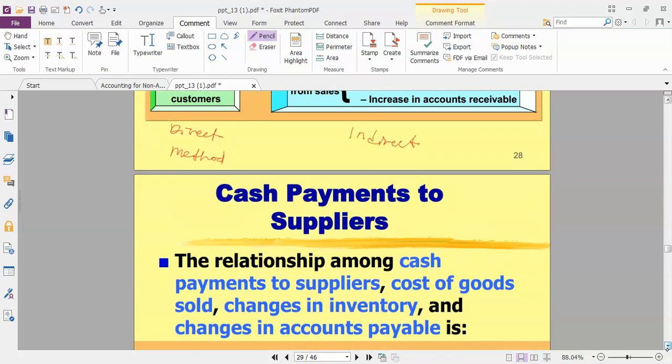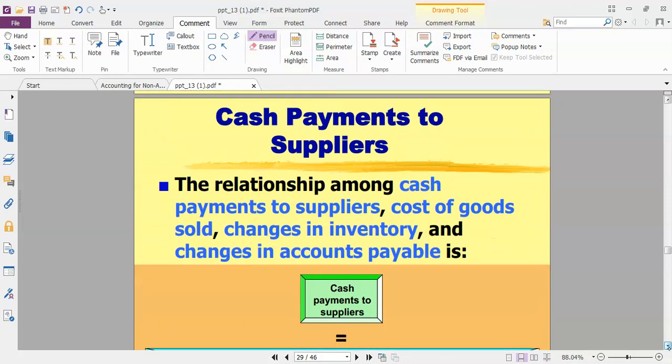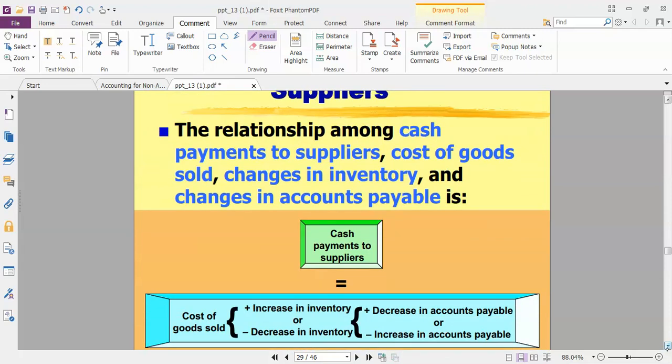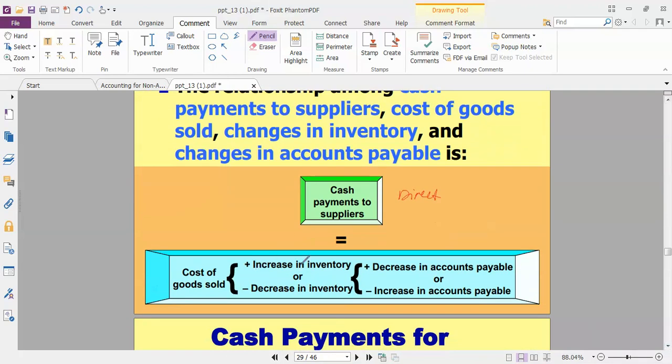So, the relationship among the cash payment to suppliers, cost of goods sold, changes in inventory and changes in accounts payable. The cash payment to suppliers under the direct method is also the same. If you arrive at the cost of goods sold, where there is an increase in inventory you must add, or where there is a decrease in inventory you must minus.